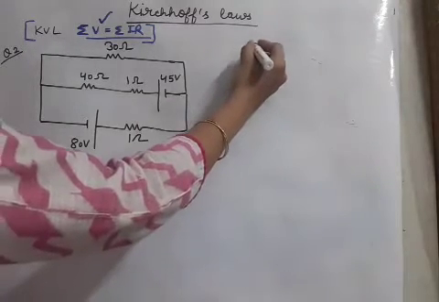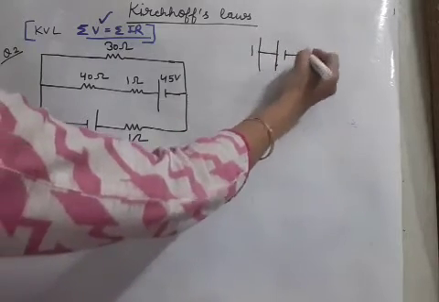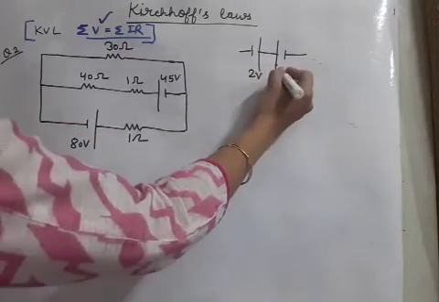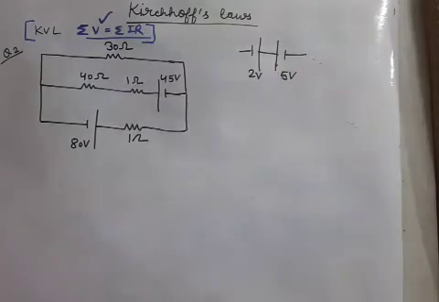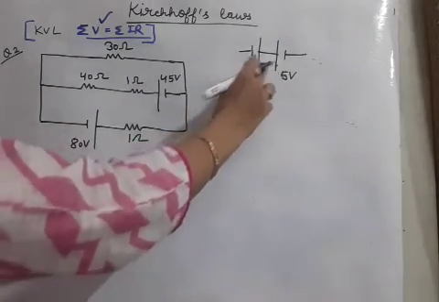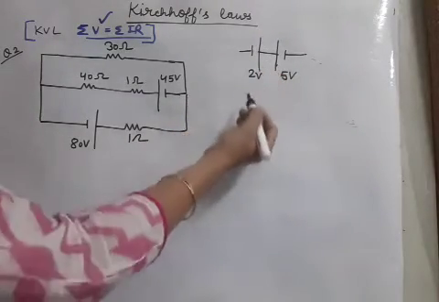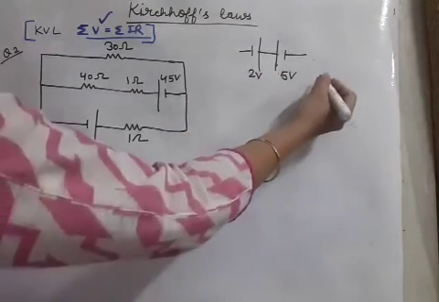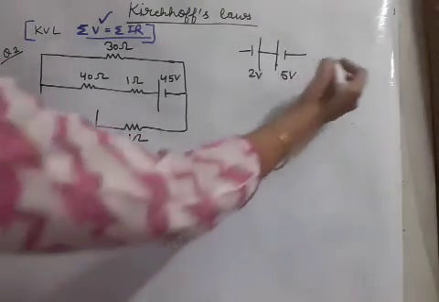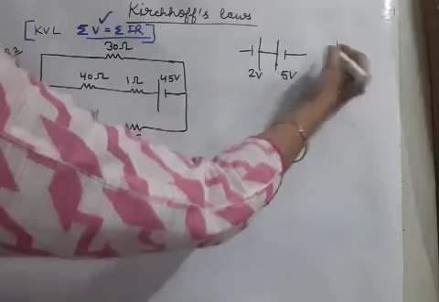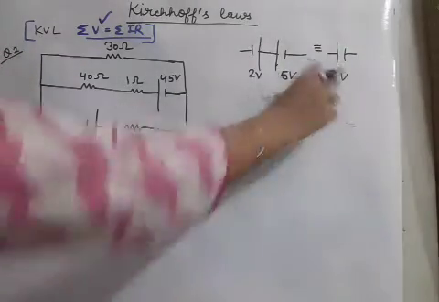So the idea is, if this is a 2-volt battery and this is, say, a 5-volt battery, now when the same terminals are facing, like positive and positive, then they are subtracted. So the answer is 3 volt and the terminals will be of the bigger battery. So this is the equivalent battery.